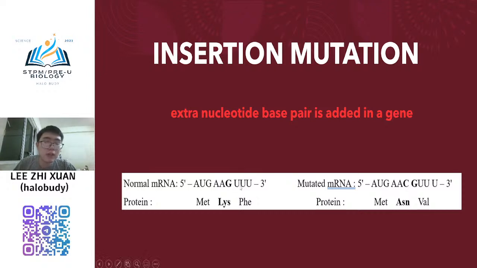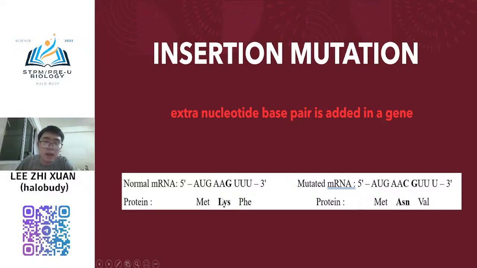What is a frameshift mutation? Later I'll explain. But this one will give the effect of a frameshift mutation. It will give a very huge effect. Why? Because you insert C there, not only does this amino acid change, all the amino acids afterward are totally changed already.